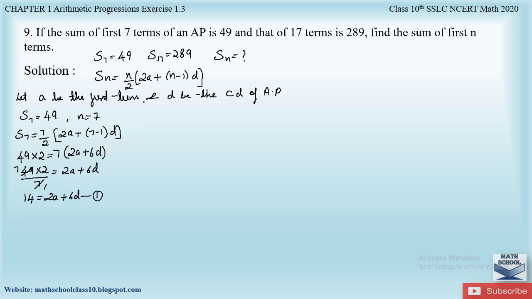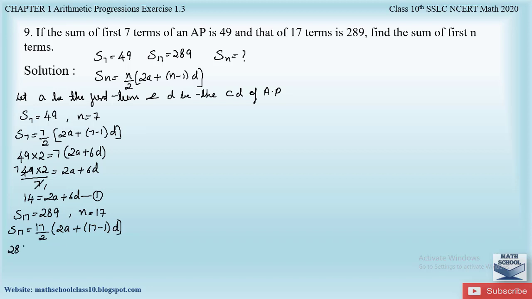Similarly, we will apply the formula for sum of 17 terms. So sum of 17 terms is equal to 289. Here the n value will be equal to 17 since we are finding the sum for 17 terms. The same formula, so we will get S17 is equal to 17 divided by 2 into 2a plus 17 minus 1 into d. What is S17?